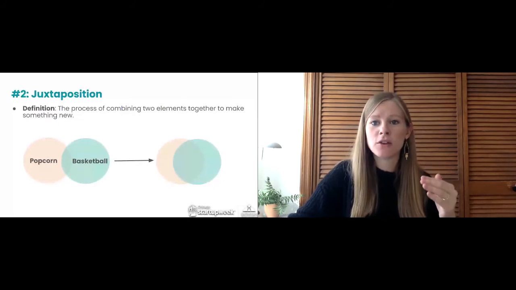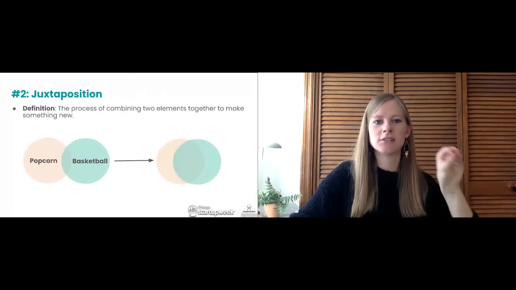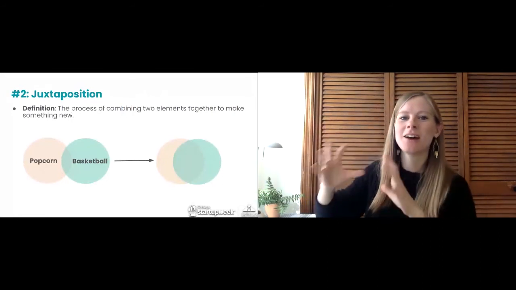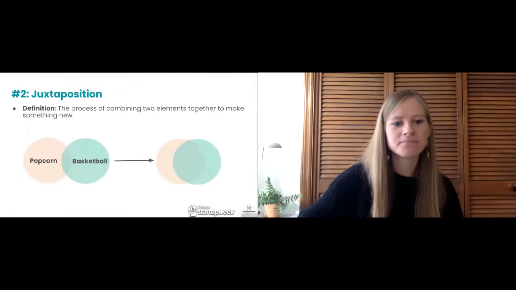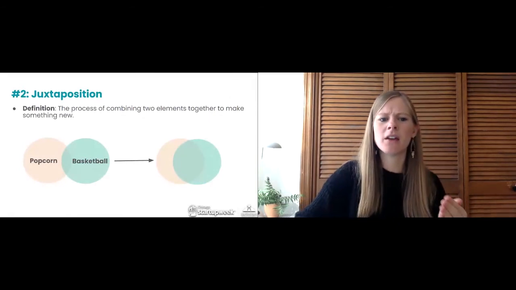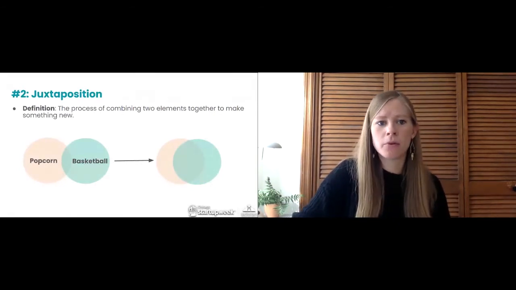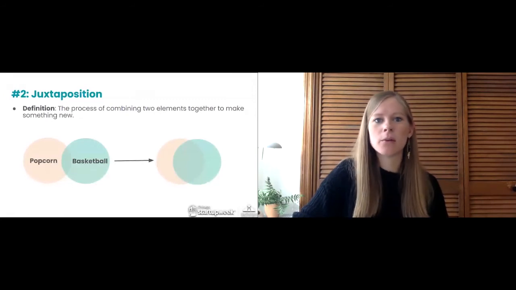And then something that you can do is, popcorn is not just that physical, delicious little treat, and basketball is not just that orange ball that's used for a game. You can think about, okay, popcorn, where do you eat popcorn? Why do people eat it? How do people eat it? What is it like? What are all the different variations? Basketball, same thing, right? Where do you use basketballs? What are they like?